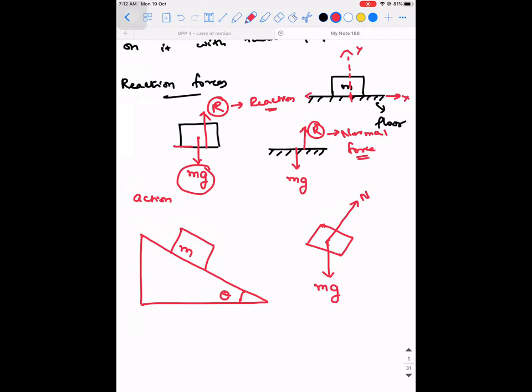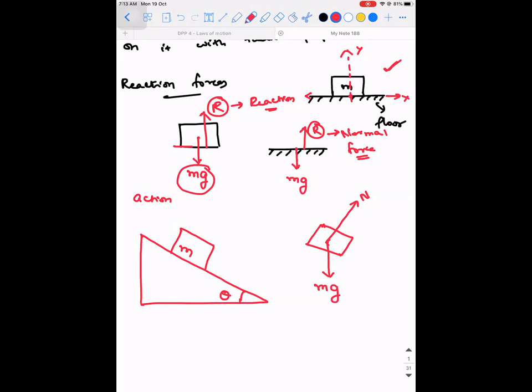Force is a vector quantity, and whenever you're dealing with vector quantities, directions are very important, so we need to have the reference coordinate axes in hand, that is the x-axis and y-axis. Any force acting in the rightward direction is positive, leftward is negative, upward is positive, downward is negative. That is what we do when we have a horizontal surface.